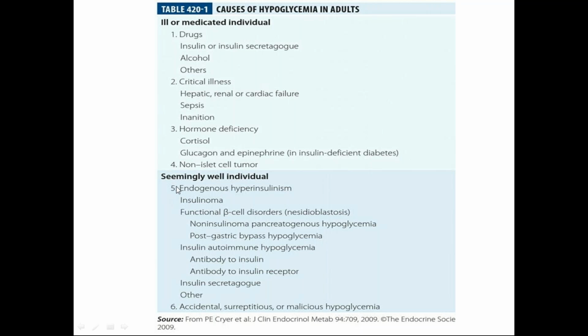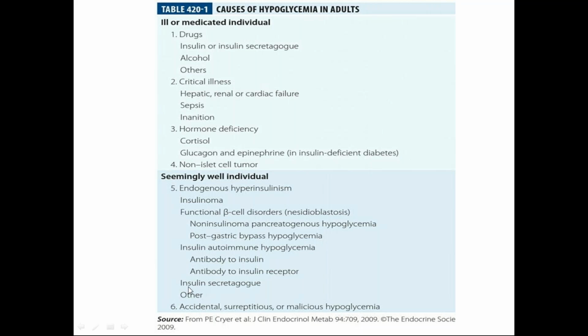Whereas for increased production of insulin in the body, what are the causes? Insulinoma, tumor of the insulin islet cells. Functional beta cell disorders like non-insulinoma pancreatogenous hypoglycemia, post-gastric bypass hypoglycemia, which we do for obesity. Autoimmune, insulin autoimmune hypoglycemia: when there are antibodies to insulin and insulin receptors, they destroy these cells and cause increased insulin.